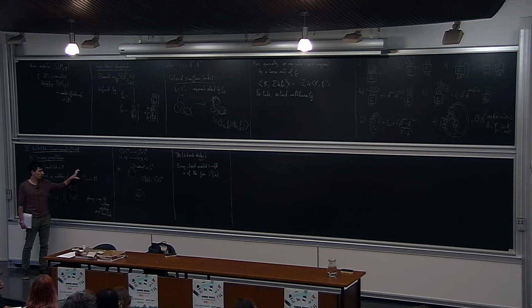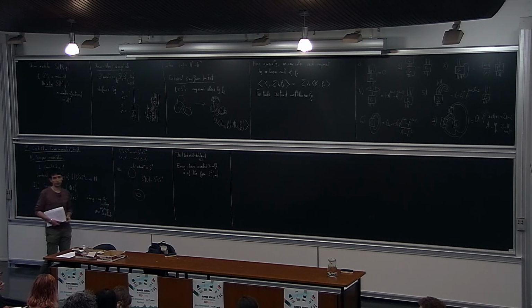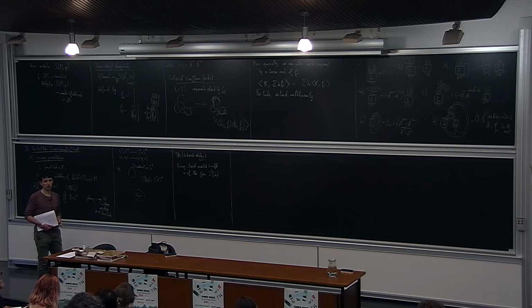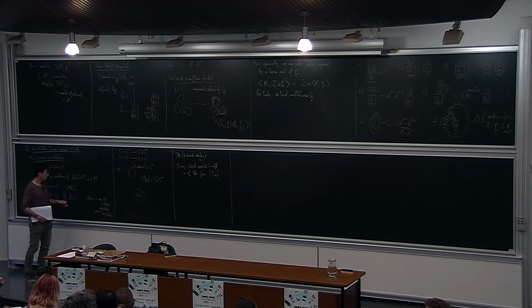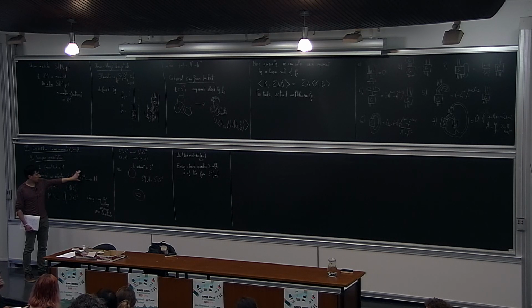So I'm embedding solid tori. And passing from one to the other doesn't change anything. So I'm removing the link and I'm gluing back D2 times S1.